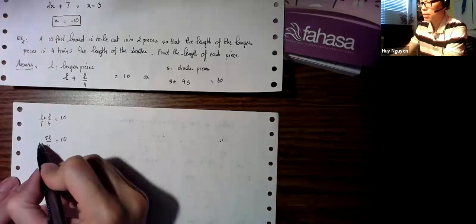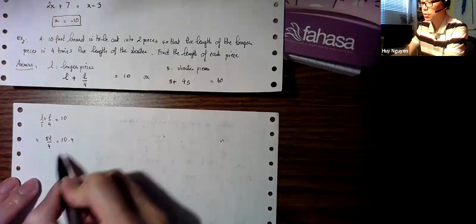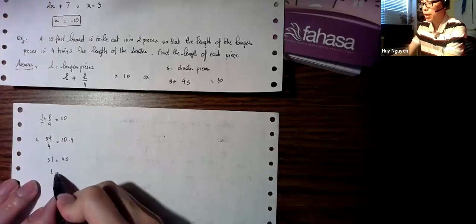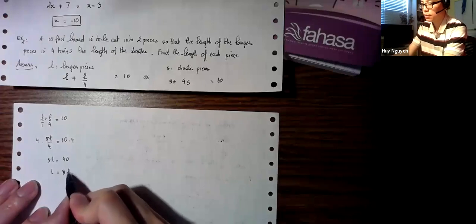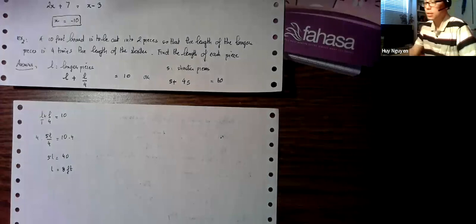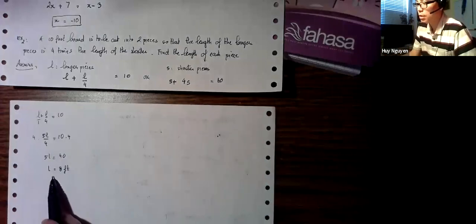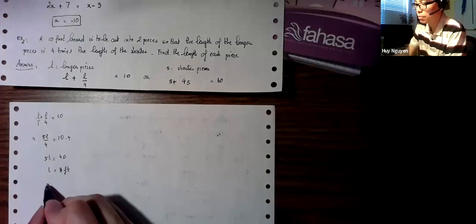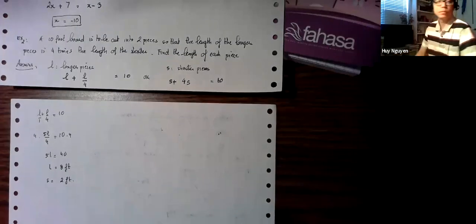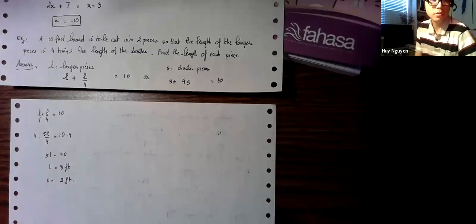Multiply both sides by 4, so you have 5L equals 40. So L equals 8. That's the longer piece. If L is the longer piece, then the shorter piece must be 2. You divide by 4.